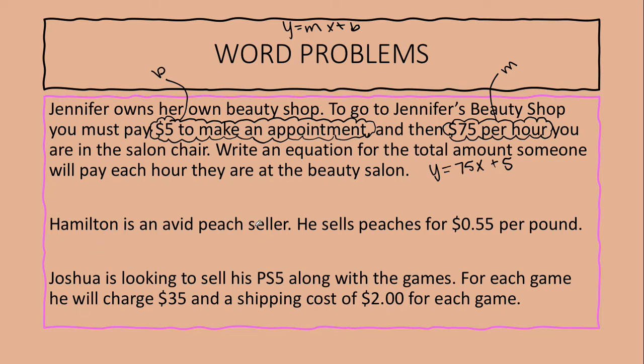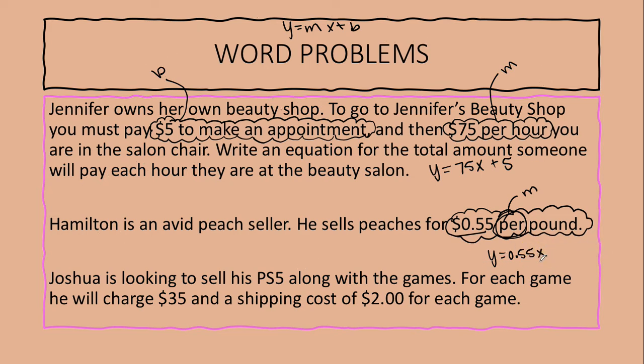Hamilton is an avid peach seller. He sells peaches for 55 cents per pound. Per pound. That's a key word for what? The slope. So I know that this 55 cents is talking about slope. So my equation would be y equals 0.55x.